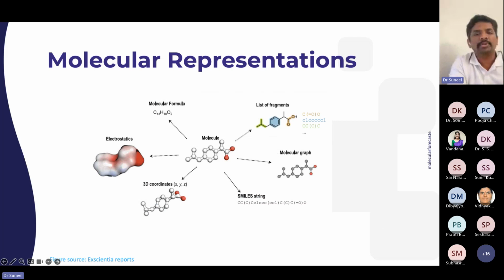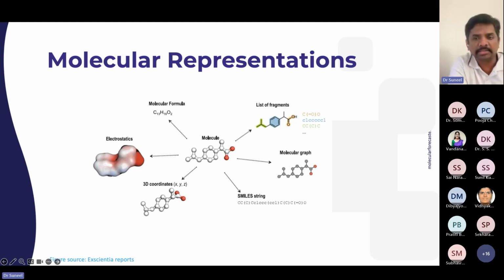Okay, so before I move into NLP, one basic question that comes to mind is: I have a chemical structure, so how do these machine learning tools read the molecule and use that molecular information as input for either a deep learning or machine learning model? For a given molecule, multiple types of representation are possible.